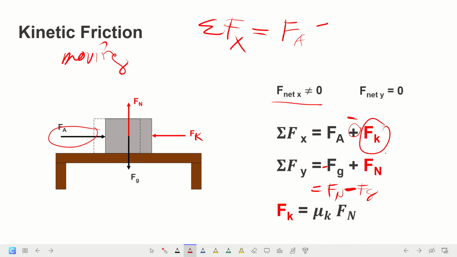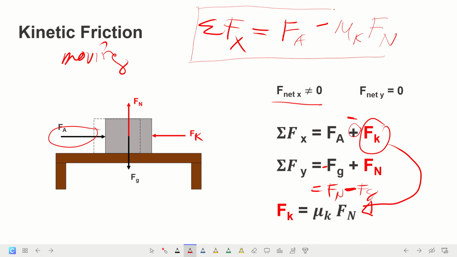To solve for the kinetic friction, we use this equation: mu sub k, or the coefficient of kinetic friction, times the normal force. So this is now how we look for the net force of an object that is acted upon by a friction force.